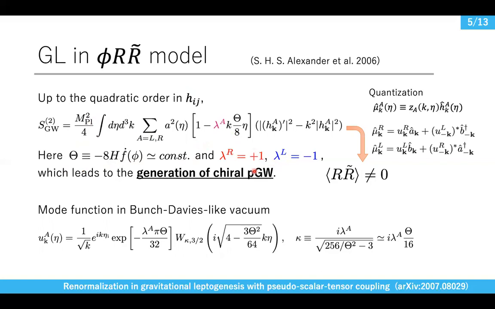So this leads to the generation of chiral primordial gravitational waves during inflation. Then after the quantization, you can evaluate R R-dual, and this becomes non-zero because of this chiral gravitational wave. Here we take the Bunch-Davies-like vacuum, and the mode function is like this, with the factor of theta.